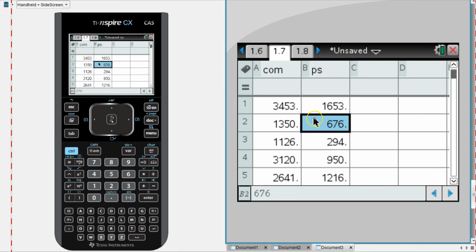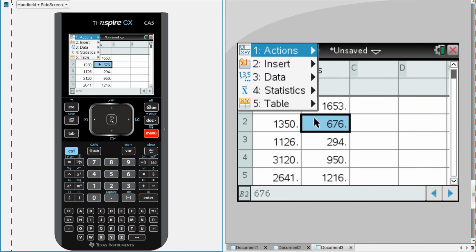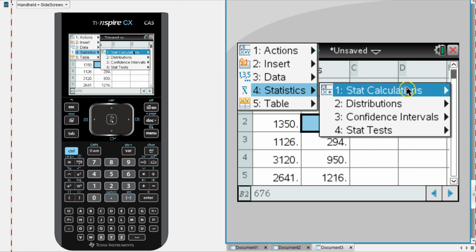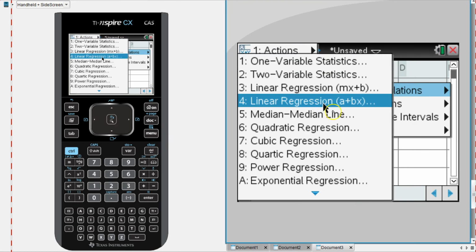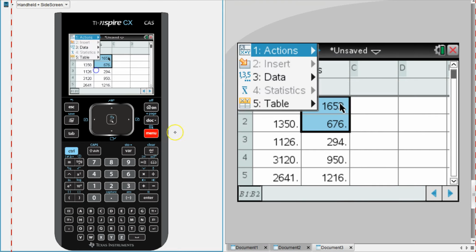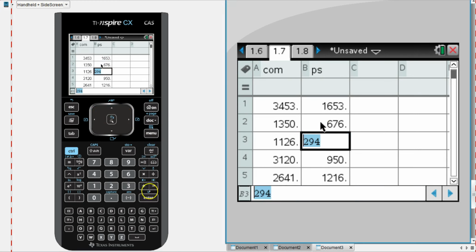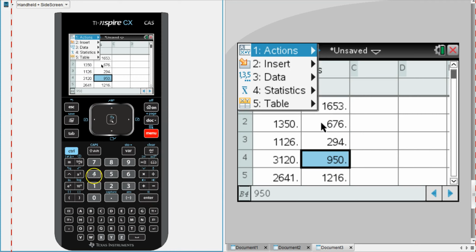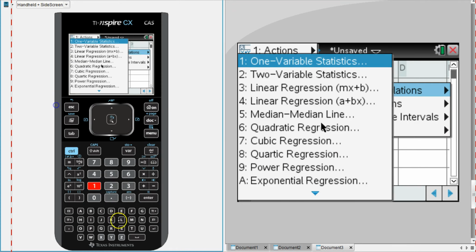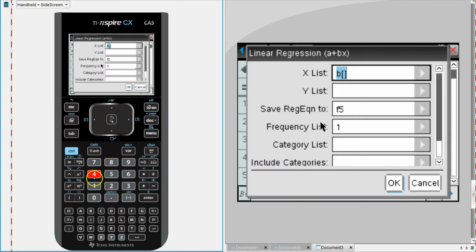All right, so how do I get the least squares regression? Just go to calculations and choose linear regression. Oh my goodness, sometimes. All right, menu, stats, calculation, 4 for linear regression.